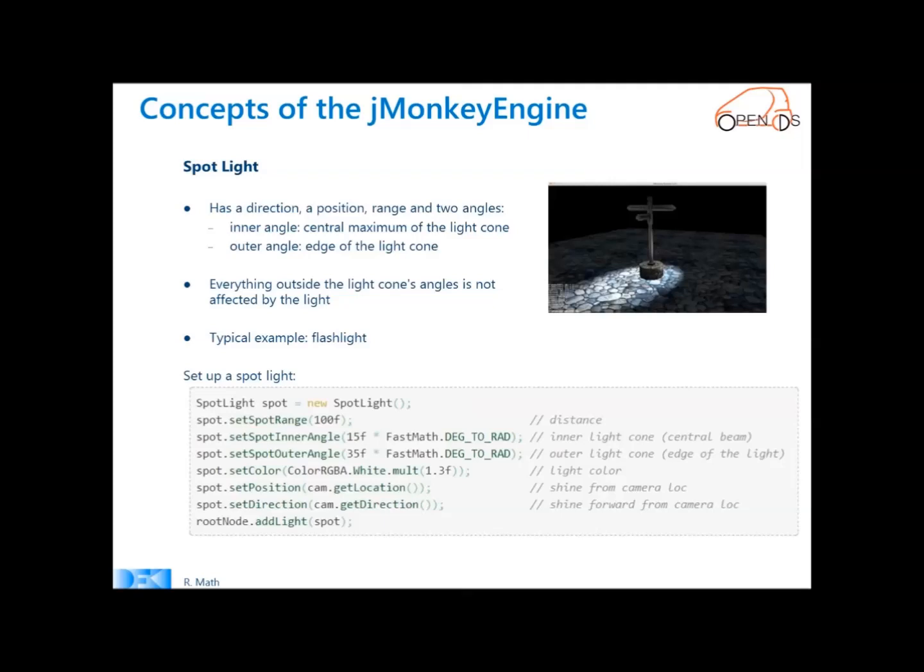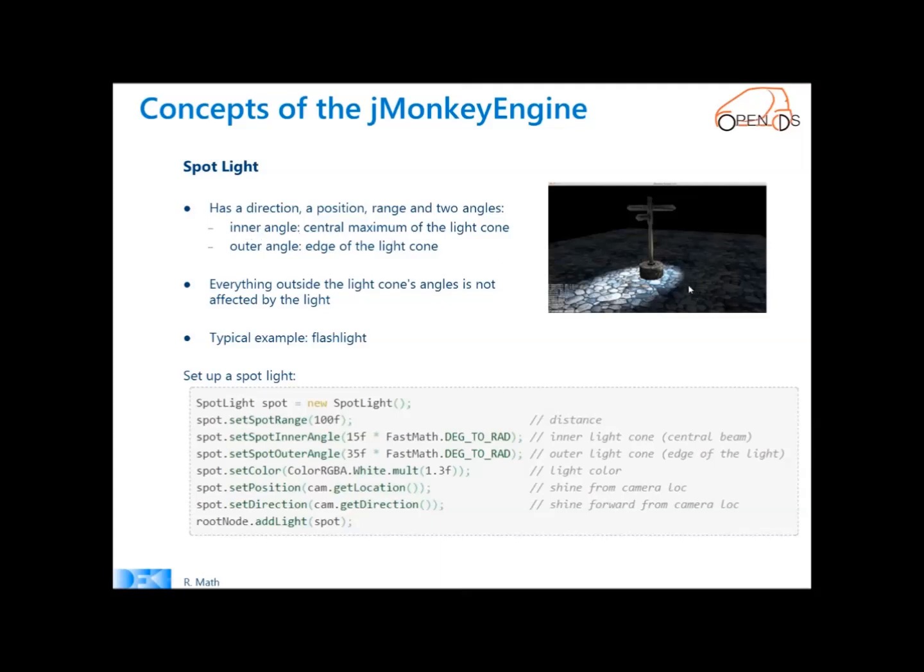Let's assume that the point light is somewhere at the top of this sign, and what makes this point light a spotlight is that there is a defined angle in which this light is perceived on the ground or on the objects that are inside the light cone.